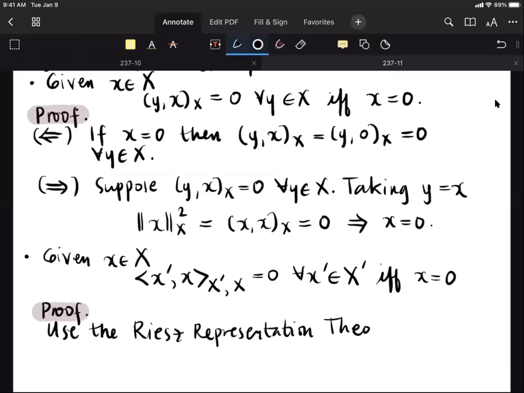Take note that any element of the dual space of a Hilbert space can be written as an inner product with respect to some fixed vector, and the previous equivalence. So once you have written the duality pairing as an inner product, you can apply this result here to establish this second statement.